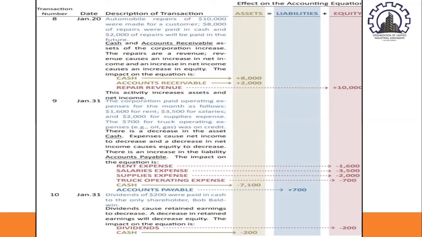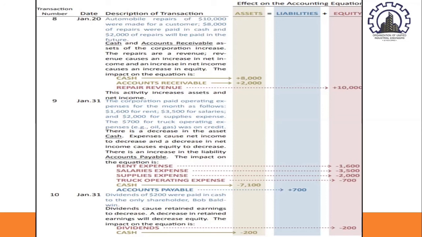Since you are making a payment on your rent, that becomes negative 1,600 under equity, negative 3,500 salaries expense under equity still, and negative 2,000 supplies expense under equity, and truck operating expense as well, negative 700. And for the cash, that's also negative 7,100, because a total of 7,100 cash was an outflow.